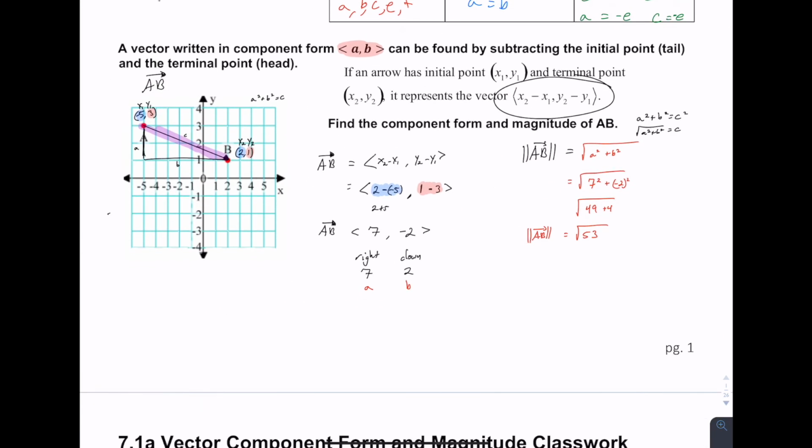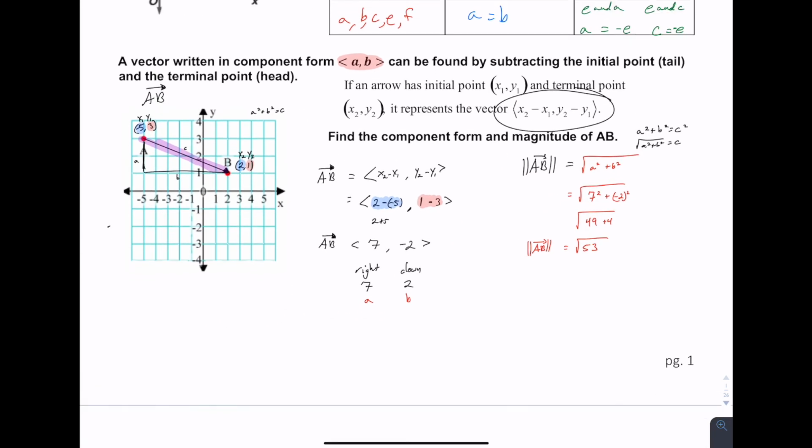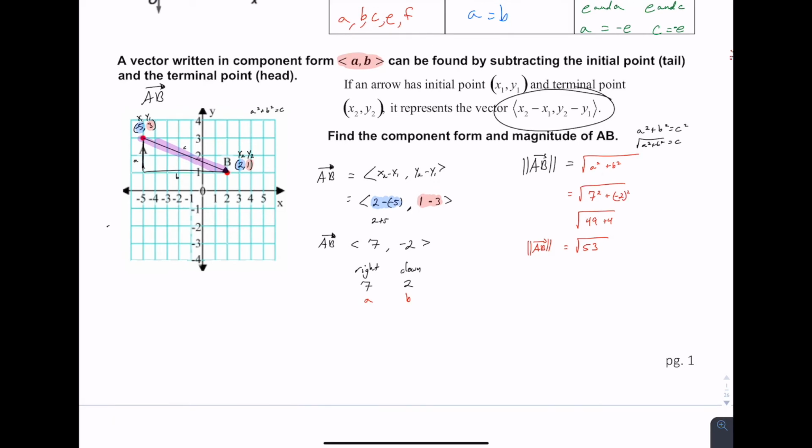And that's it. That's all you got to do. Okay? And so here's something you want to write down. So all equivalent vectors would go right 7 and down 2 on the graph.